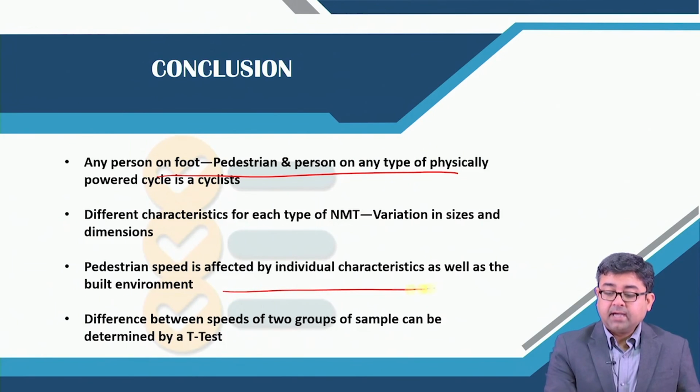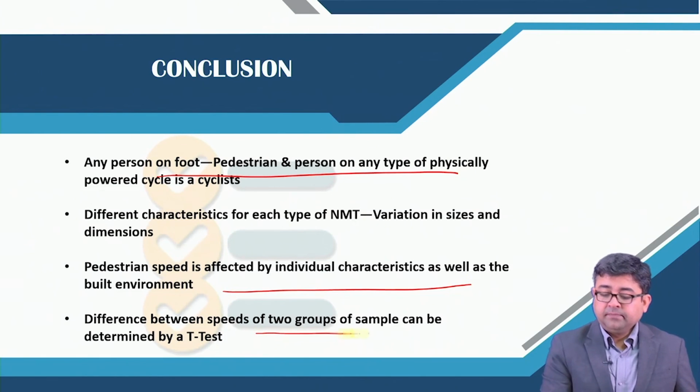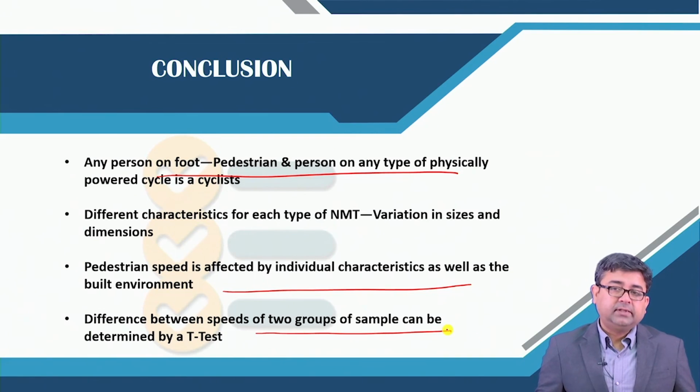Then we looked at the factors that affect the speed of pedestrians: built environment factors, age, and gender. And finally, we looked at a statistical test that will allow you to understand whether there is a significant difference between the speeds of two groups that you are calculating for your site.